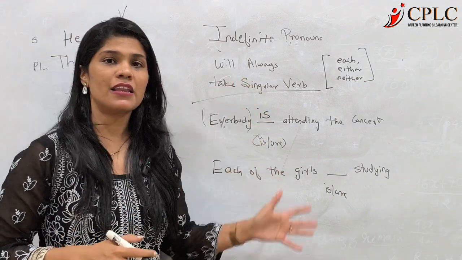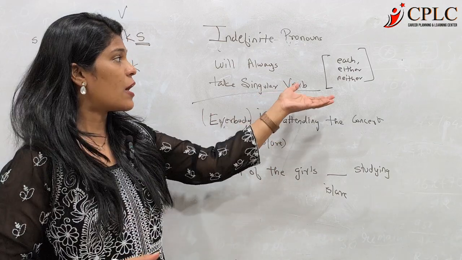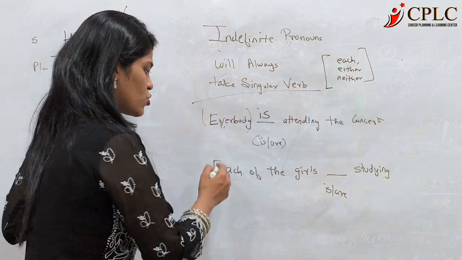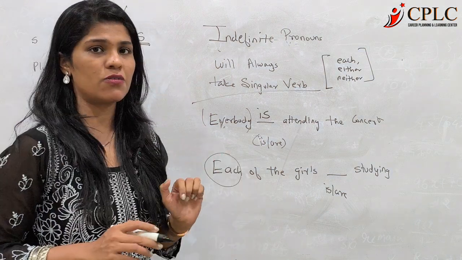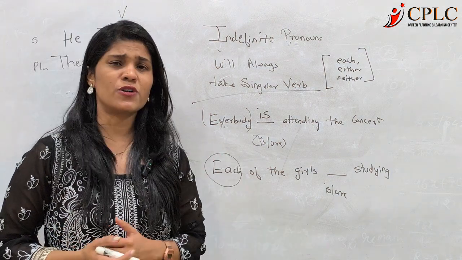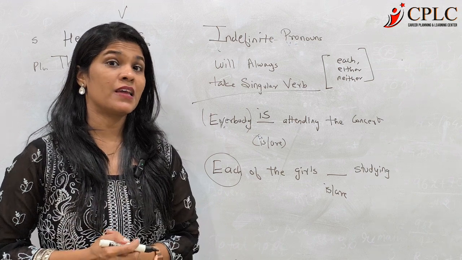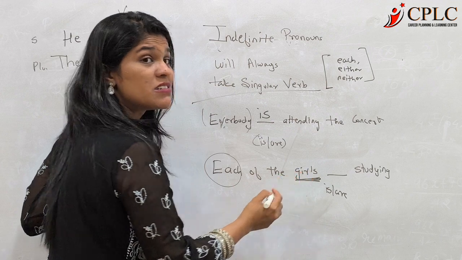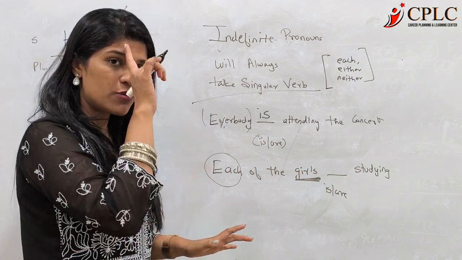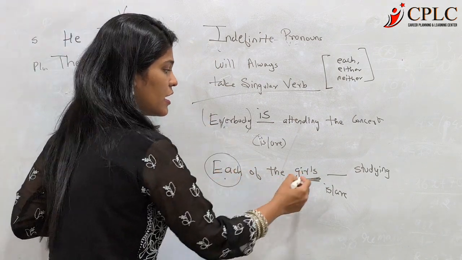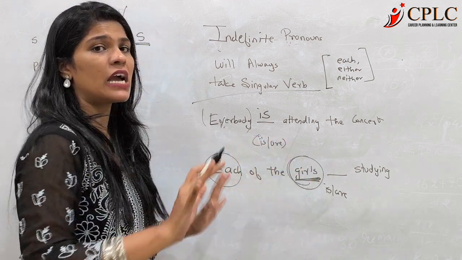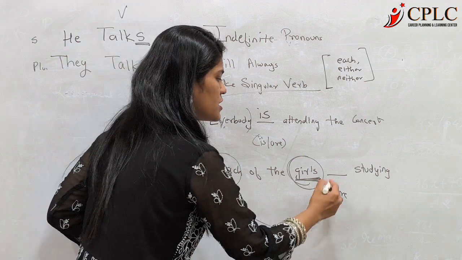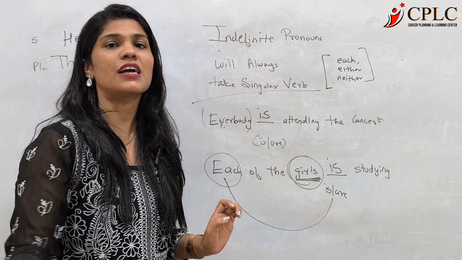An entire list of this is given in your books. So of course each is an indefinite pronoun. Now tell me, what will be the answer? Is. Don't get misled by girls. I know girls is plural, but you have to remember कि अगर each है, यहाँ पे कुछ भी आ जाए, it will always be singular. So each of the girls is studying.